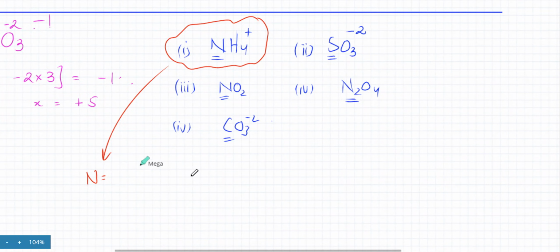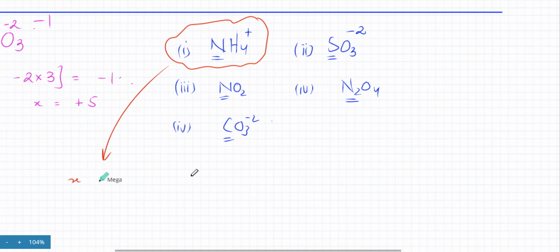So hydrogen is +1, and there are four hydrogens. So the charge from the hydrogens is +4 because it's four hydrogens. And then for the nitrogen, nitrogen isn't given in the table.